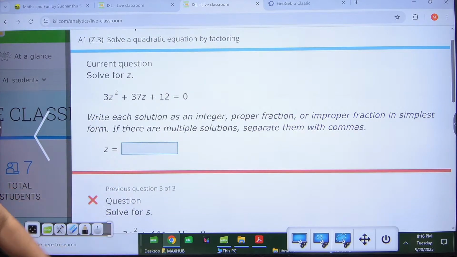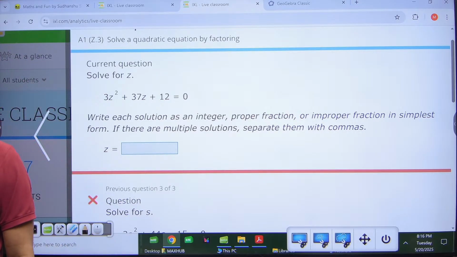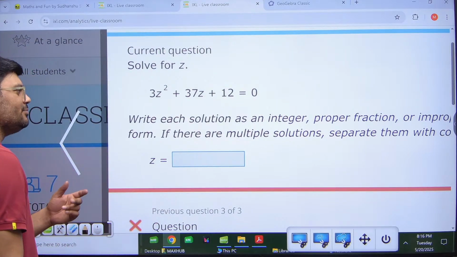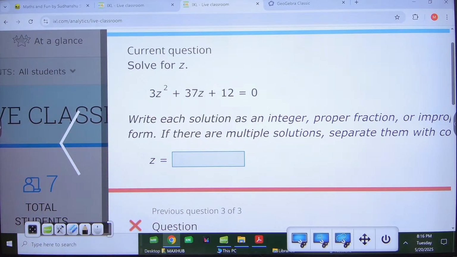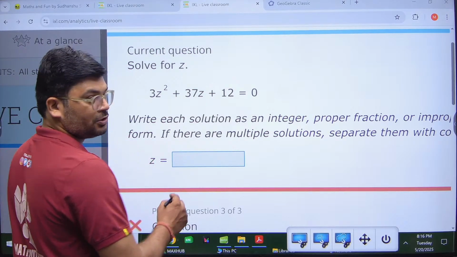So next question. 36 plus 1. Yes, most of the times you will get the same kind of numbers, so you should focus. We can do that way as well, because most of the students don't do using those numbers.